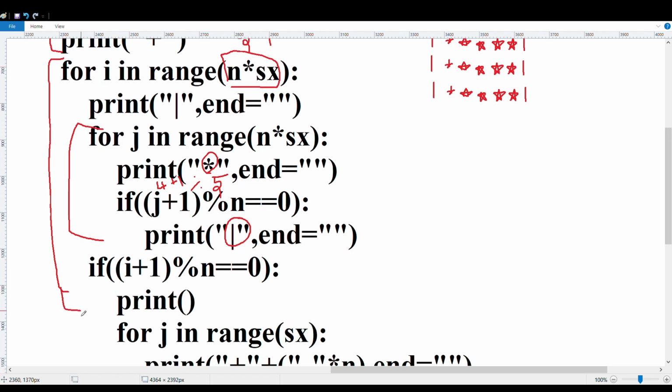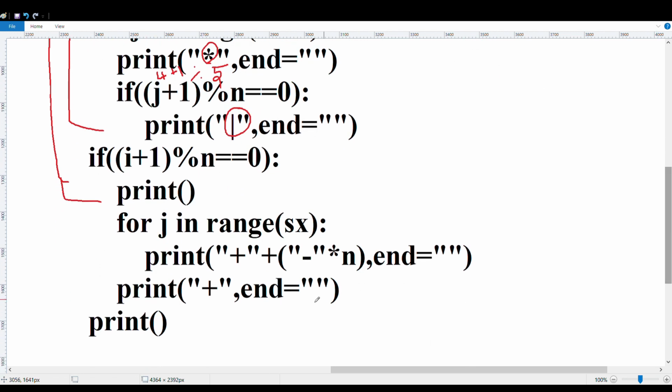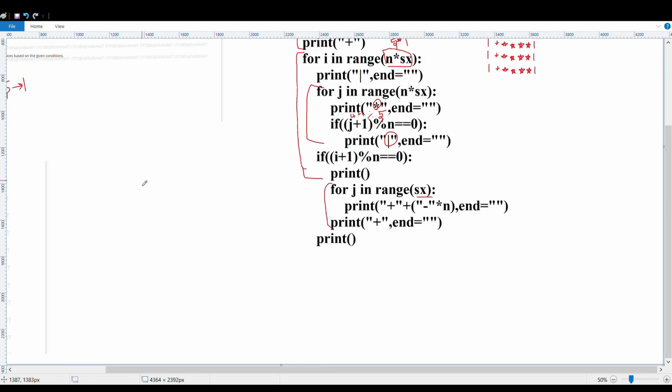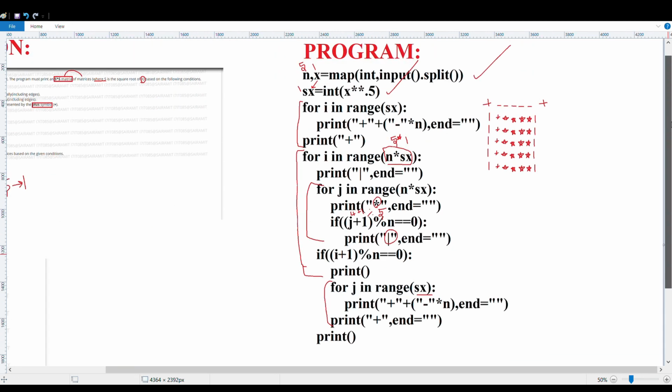Now after this you check again, that is the last part, for j in range xs. This is nothing but the same set of lines which we coded initially.